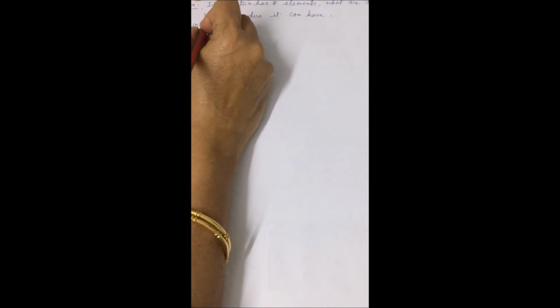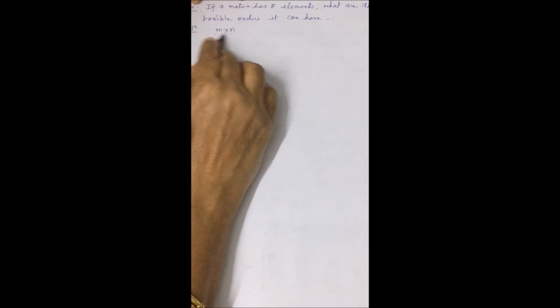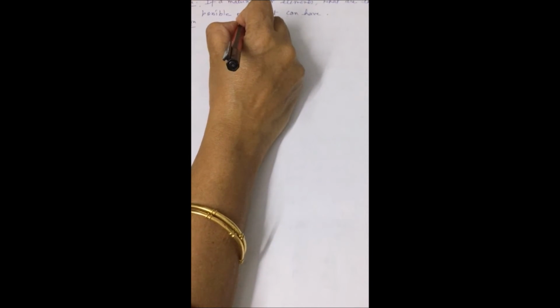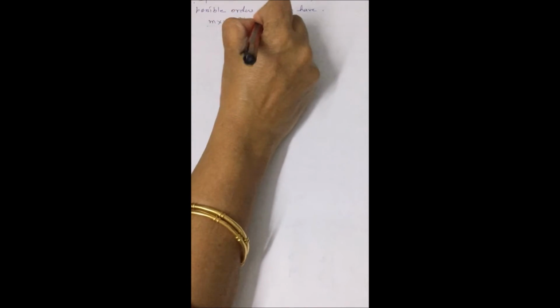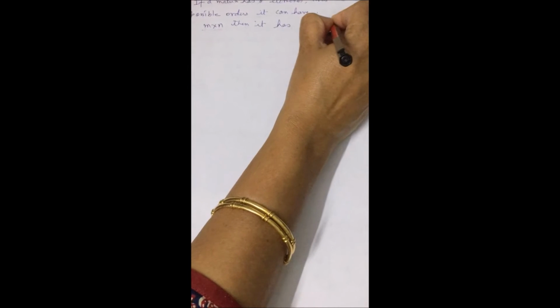We know that if a matrix is of order m by n, it has mn elements.